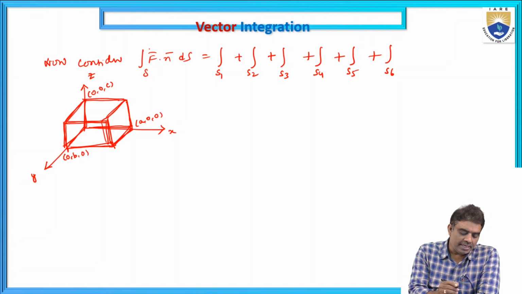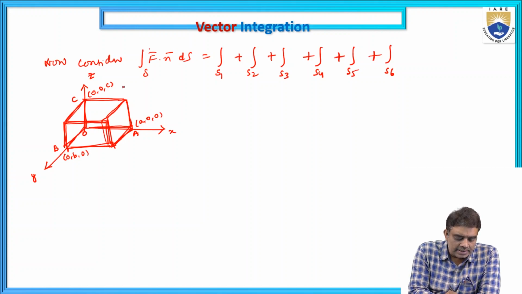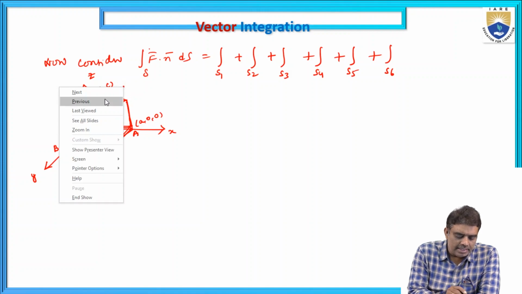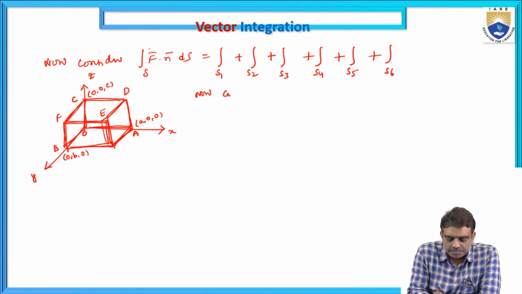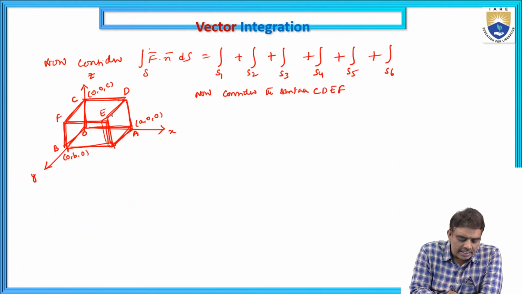Now take the surface, this is O and let it be C and this is capital A, this is capital B. A, O, B, O, A, O, C and C, I can write this as C, D, E, F. I am considering the surface CDEF.